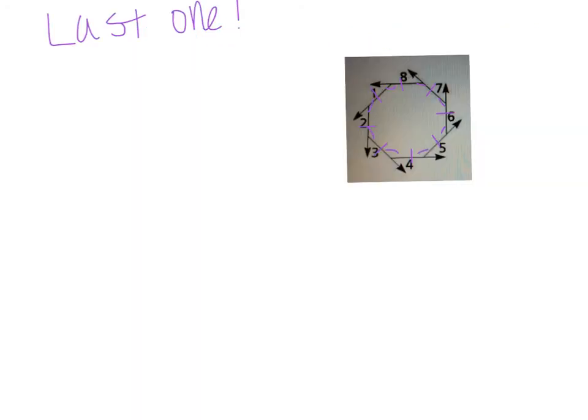Okay, so our last example is going to be this particular one. I've tried to mark the picture, did the best I could. I marked it as a regular polygon, and I know that because all of the angles have one arc, and all of the sides have one tick mark. And this is actually an octagon, so this would be what we would call a regular octagon. If we were trying to find one of the exterior angles, knowing that it's regular tells us that all of the angles are the exact same measure.